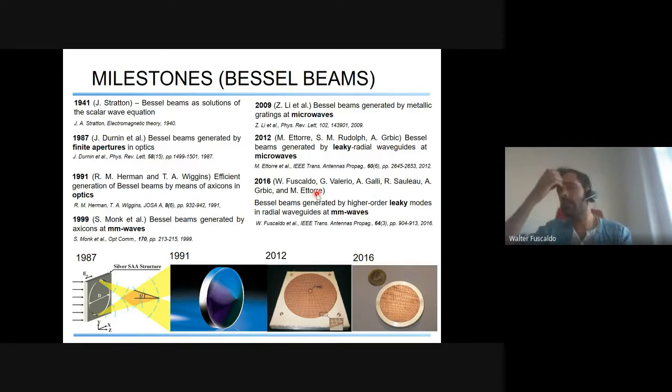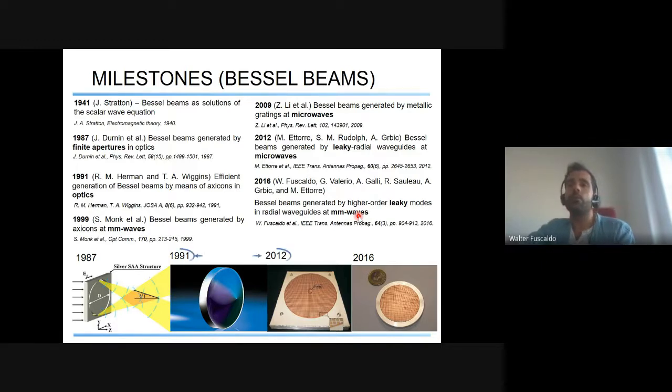Then I, together with other colleagues, under the supervision of Mauro Ettorre, one of the main inventors of the previous device, generated Bessel beams at millimeter wave frequencies using a similar device based on a different kind of leaky wave mechanism.